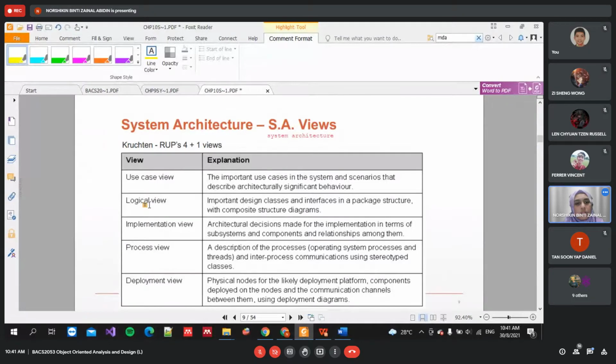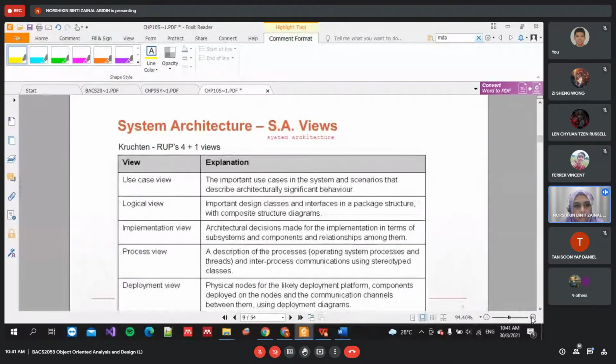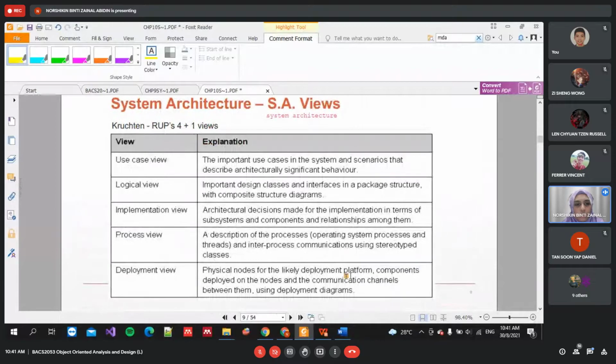Okay, so here we have this use case view. You know already what a use case is. The use case diagram is one of the earliest diagrams that we learn for this course. So what is the system architecture view from use case?